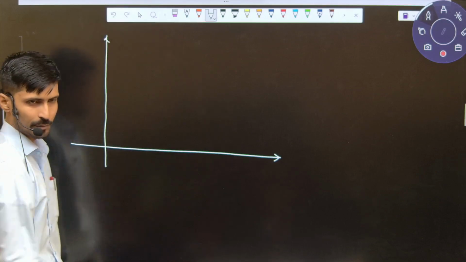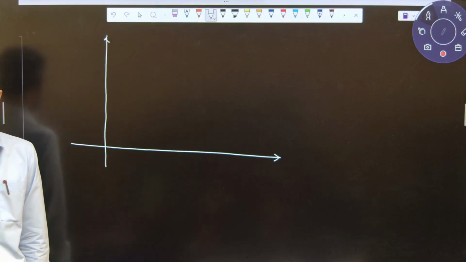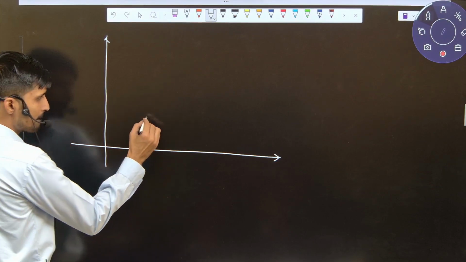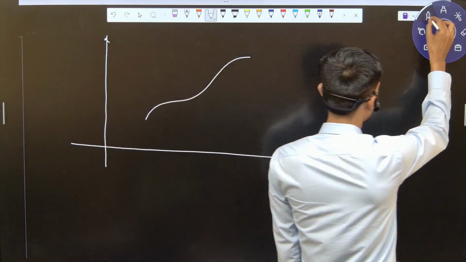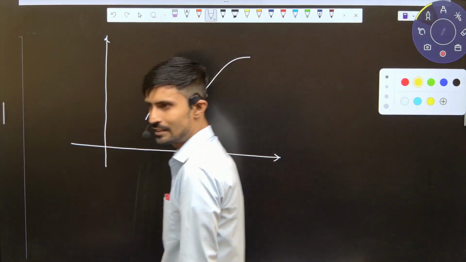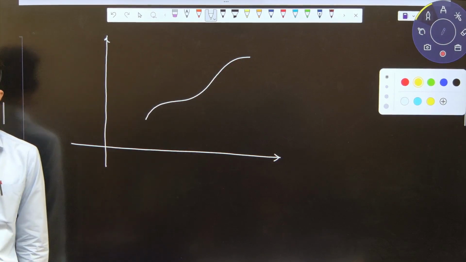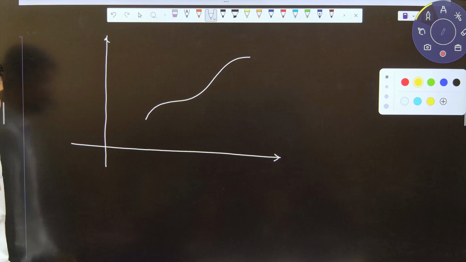See this. This is our curve. Let's generate some mathematics for continuity. We are going to do some research.